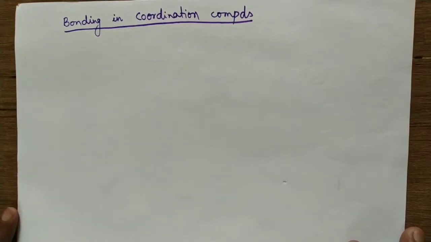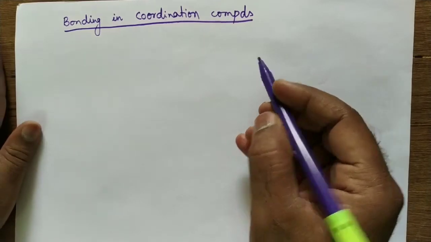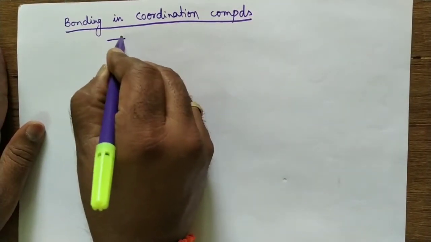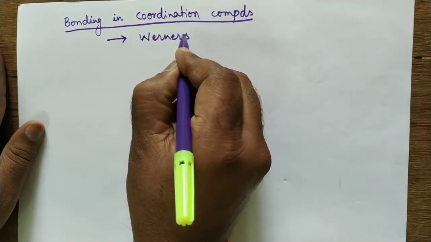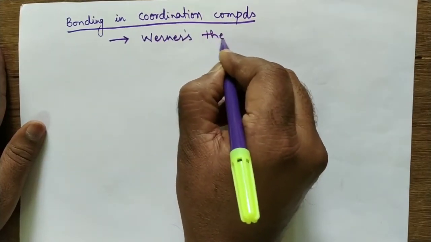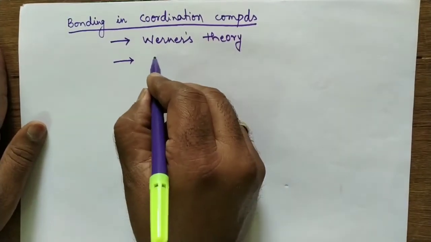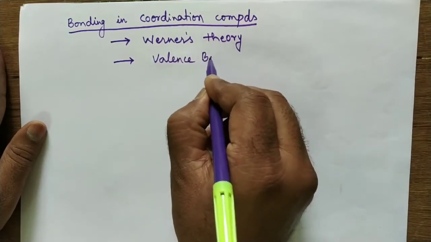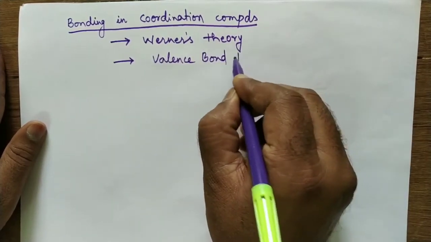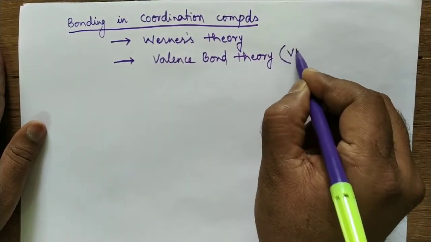Last class we discussed Werner's theory. So, the next one is valence bond theory. Bonding in coordination compounds is explained by three theories. One is Werner's theory. Second one is valence bond theory, VBT.